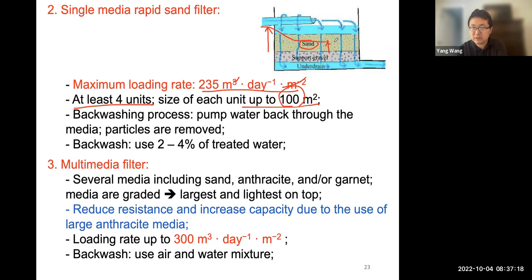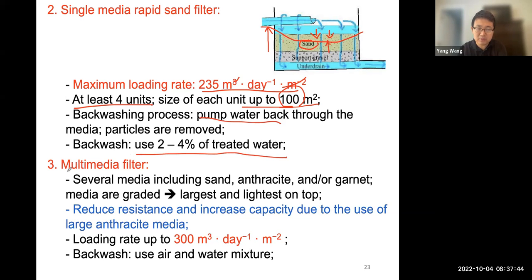Under this situation, most of the water is just going to go through this location, right? So you cannot distribute the water uniformly. That's why there's also a constraint on the upper limit for the sand distribution. There's also a process for backwashing. You can pump the water back and then get particles removed. And normally the backwash water just uses 2 to 4% of the treated water. So this is a single media rapid sand filter.